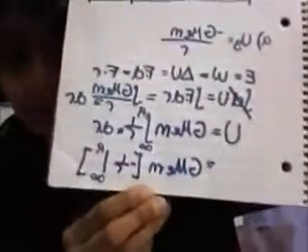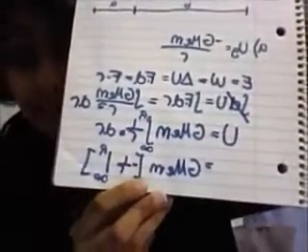The integral of 1 over r squared is equal to negative 1 over r. So using integration, that's exactly what we get.